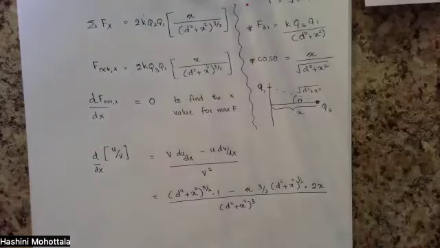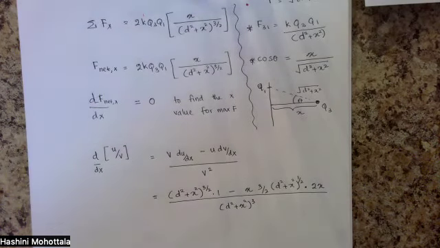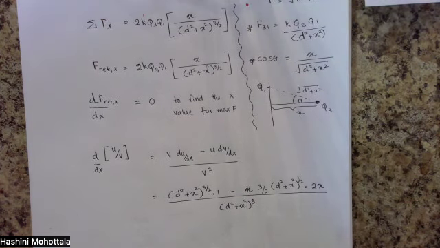And then set it equal to 0 and find a value for x. And also remember that our allowed region for x is 0 to 5 meters. You can see that there are x square terms inside, and that results in giving a negative and a positive value when you are taking the square root. But the allowed range is from 0 to 5. So you will pick the value that lies between 0 and 5.